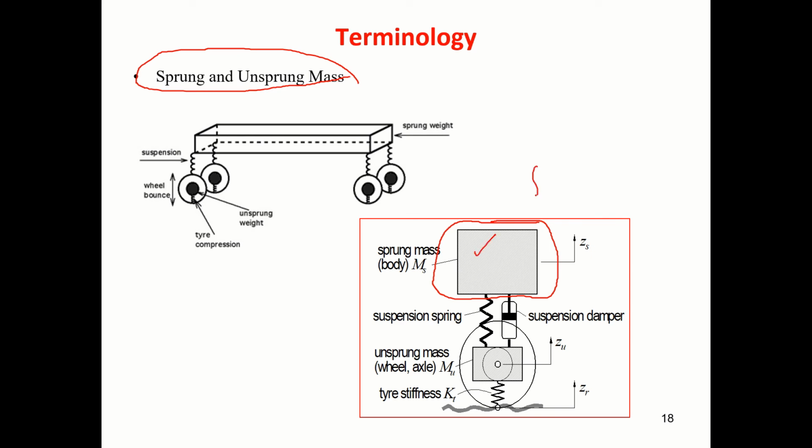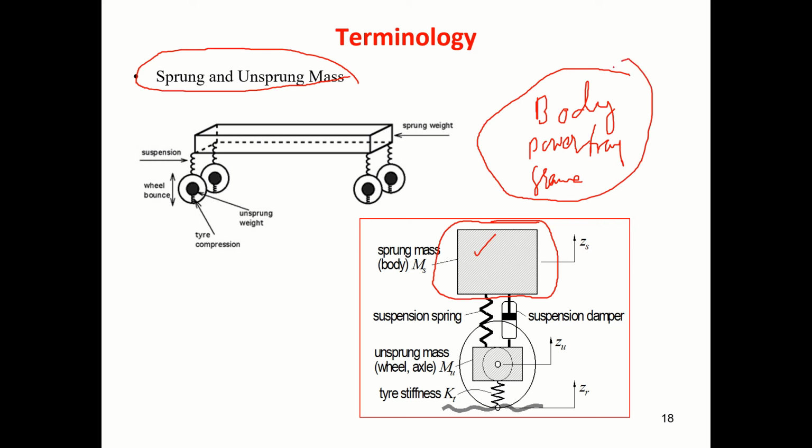As I said, it includes the frame, correct? The powertrain which sits on the frame, then the body, and all other associated parts, right? So that constitutes sprung mass.